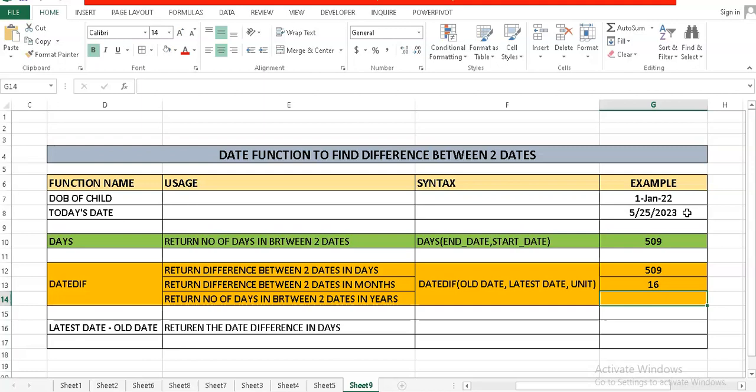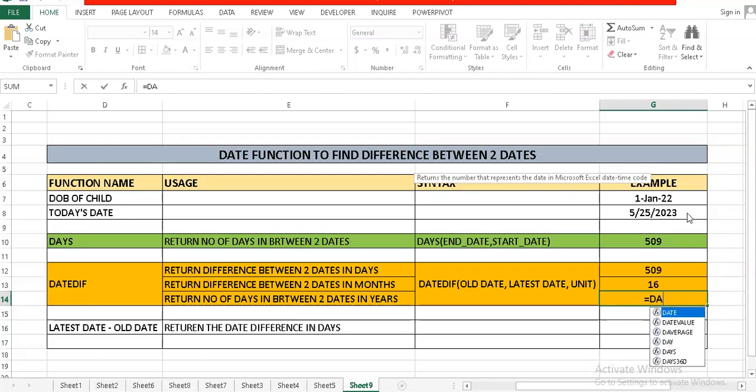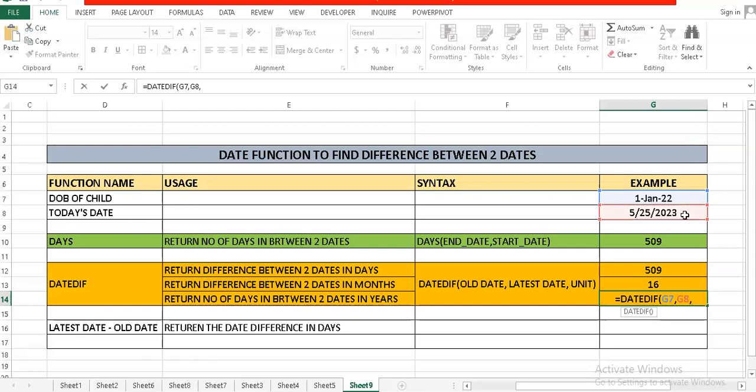After that, the year difference we are going to find out. DATEDIF into the bracket, old date, comma, latest date, comma, the date difference we want in years, so that's why we are going to mention Y in double quotes. So the initials you have to mention in the formula, then I'm going to press enter. So the date difference is 1 year.